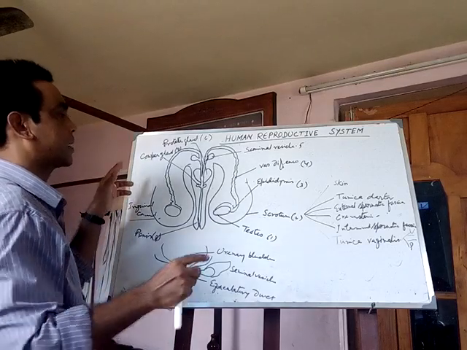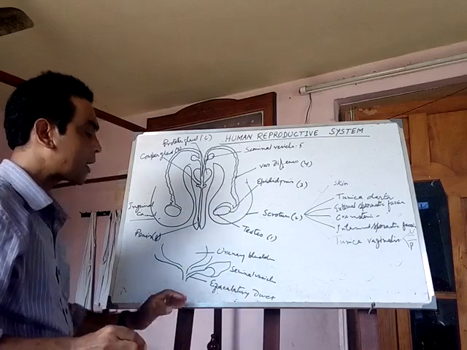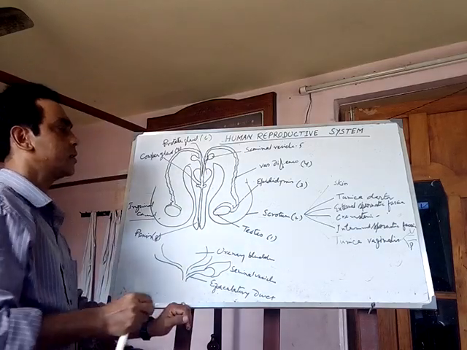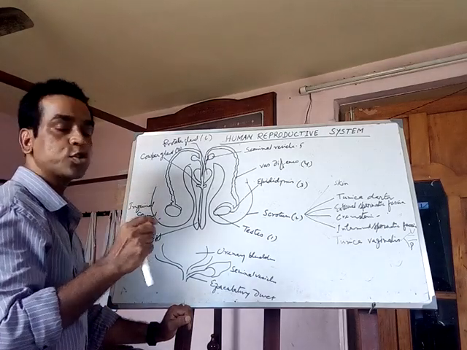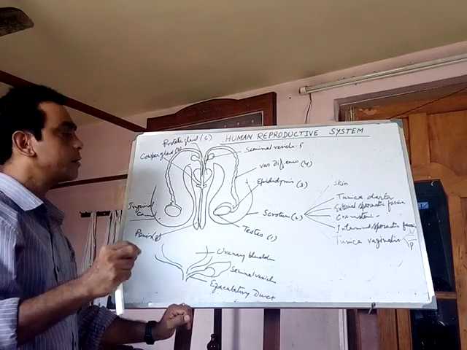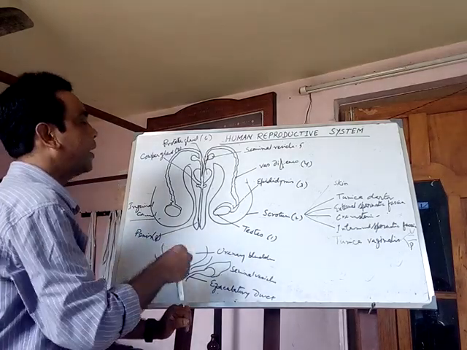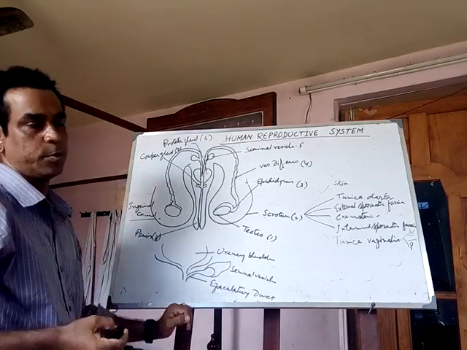After the seminal vesicles, they meet at the common canal tube, that is, these common tubes carry both the semen, the sperm-holding secretion, and the urine of the human body.